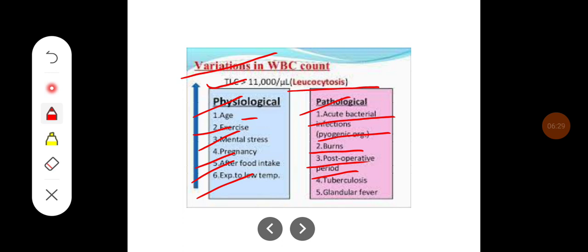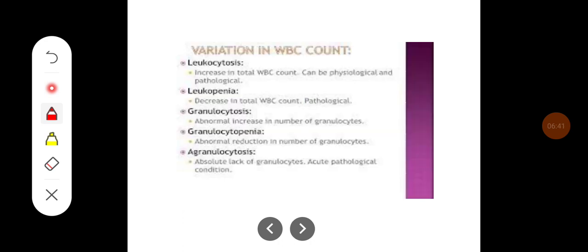The chronic infections like tuberculosis and glandular fever, where there will be predominantly an increase in the lymphocyte count, lead to leukocytosis. So the leukocytosis is usually an increase in the total count, and it can be physiological or pathological as discussed earlier.